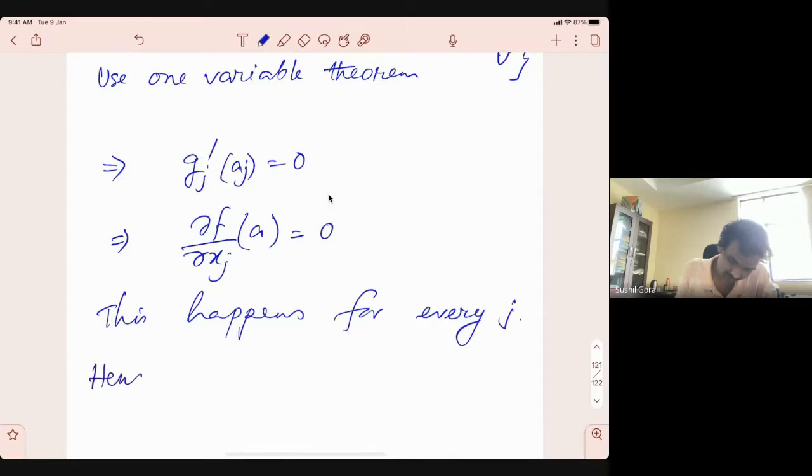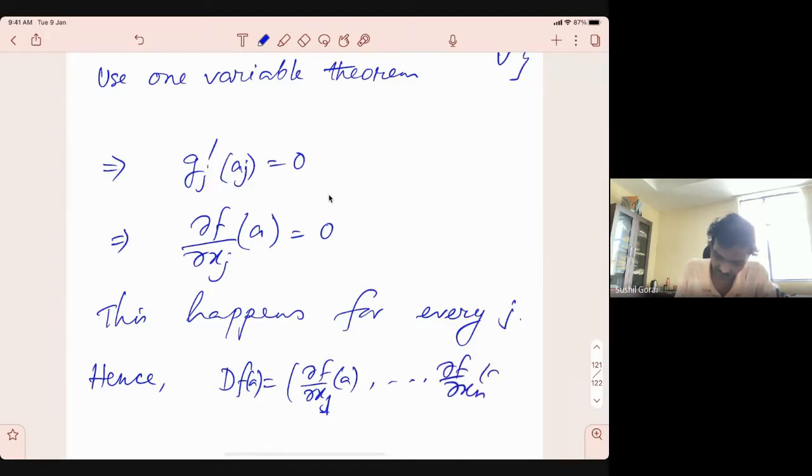Hence the derivative, which is del f by del x derivative at a, which can be seen in matrix form like this, del f by del x1 at a up to del f by del xn at a, is 0.